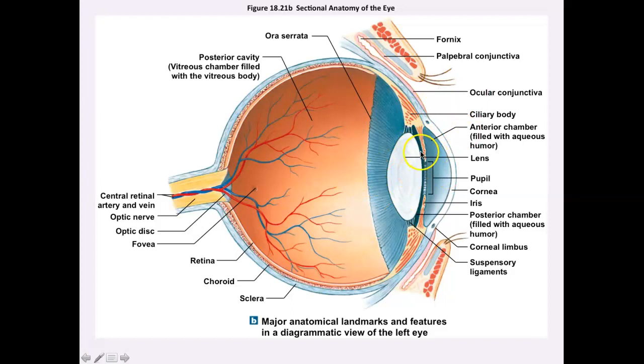So the two chambers, this entire anterior cavity of the eye, which is divided from the posterior cavity by this lens, all of this is filled with aqueous humor. This is a watery substance that does have oxygen and does have some nutrients in it, so it can nourish the cornea from behind.